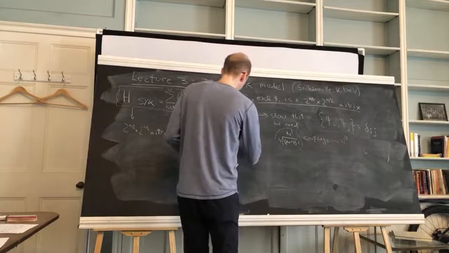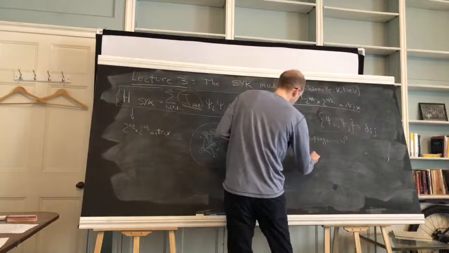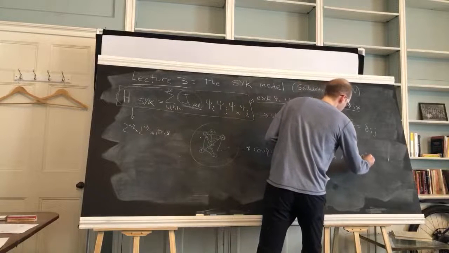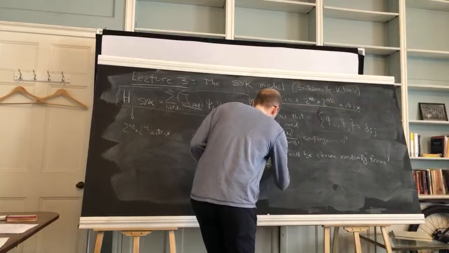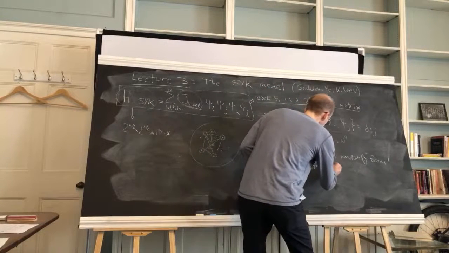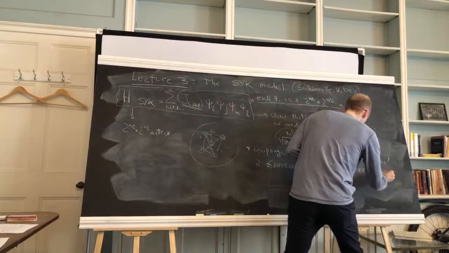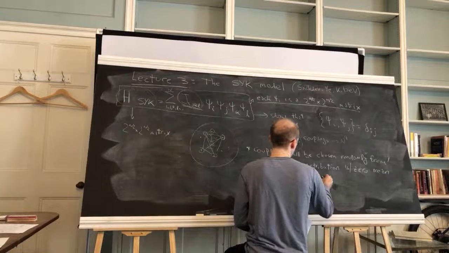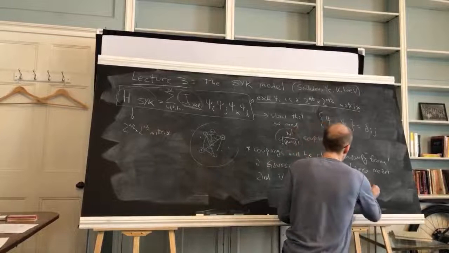And so the couplings will be chosen randomly from a Gaussian distribution with 0 mean and variance given by sigma.